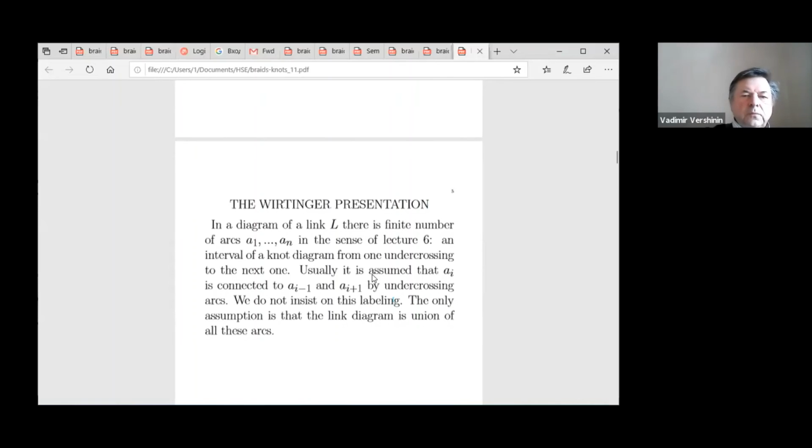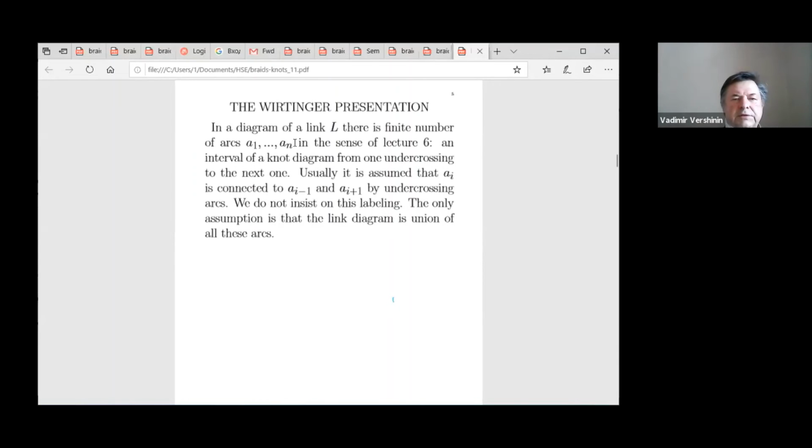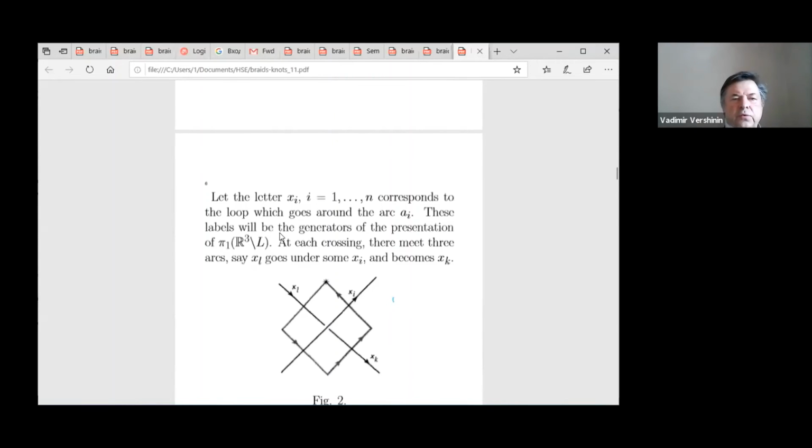So with them, we'll consider the standard Wirtinger presentation for the links. We can consider the arcs as before. So now I make the labels X.